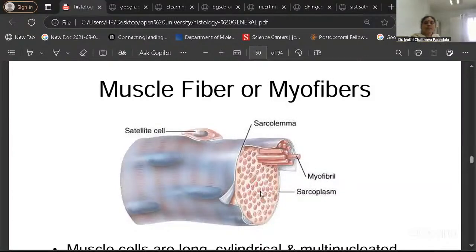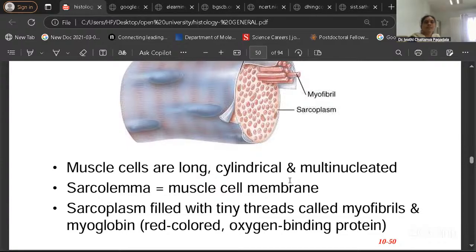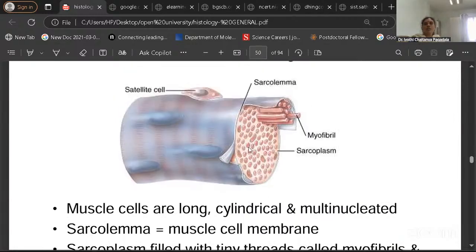So the muscle fiber, or myofiber, has satellite cells, sarcolemma, myofibrils, and sarcoplasm. What is the sarcolemma? The sarcolemma is the muscle cell membrane.